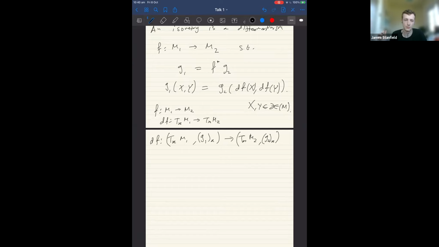There's no talk of functions on manifolds. As an inner product space, this becomes an isometry of inner product spaces, right? Does that make sense? So we call F an isometry if its differential is an isometry of all the inner product spaces on the manifold. Does that clarify things?